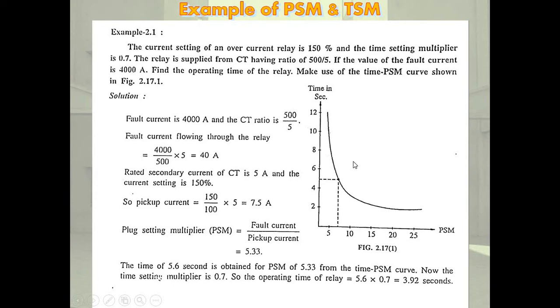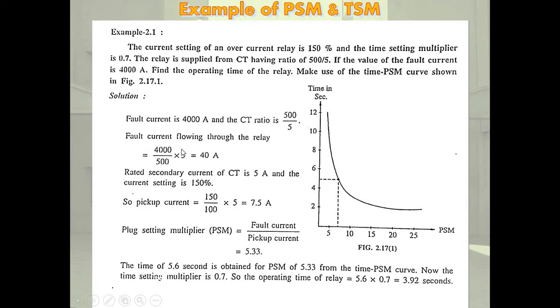Okay. First, the fault current is 4000 ampere and the CT ratio is 500 divided by 5. Now the fault current flowing through the relay equals fault current into CT secondary divided by CT primary.